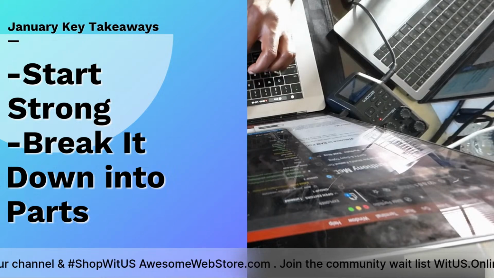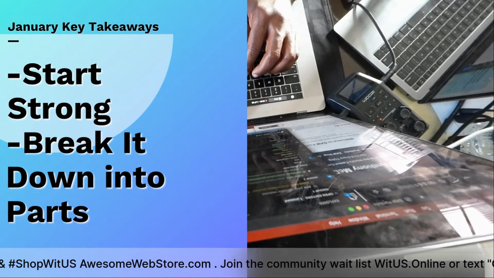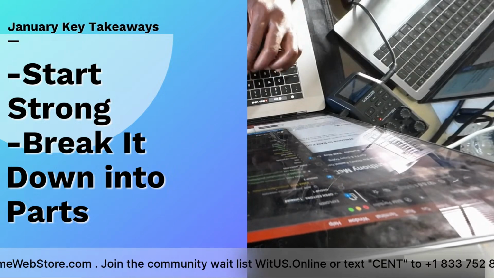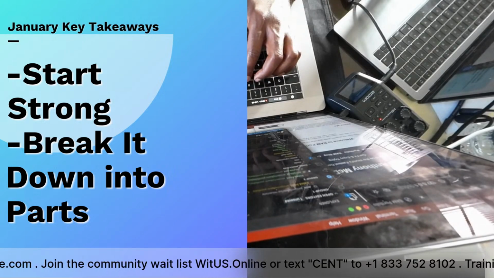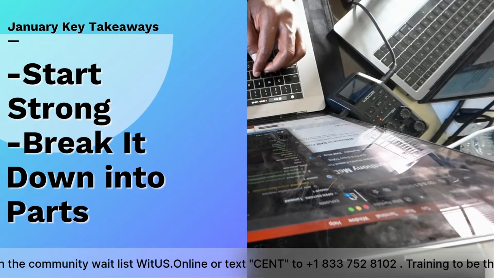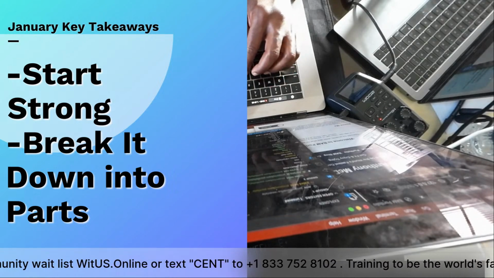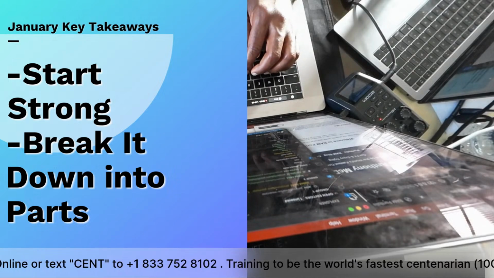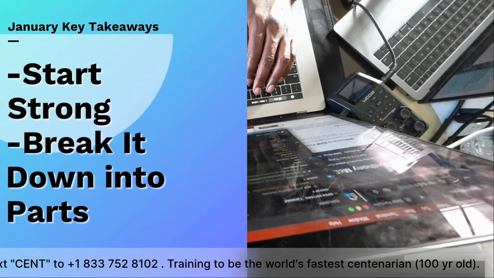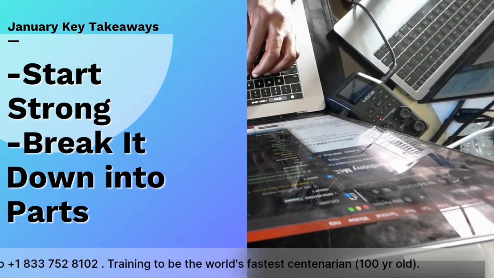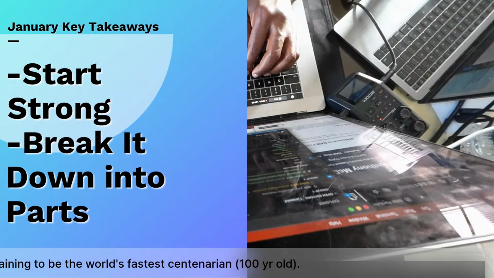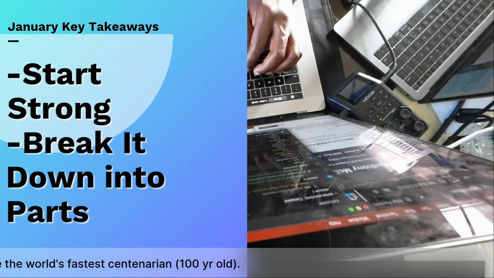And even my fitness, studying to go along with my being the world's fastest centenarian. I'm studying to be a certified fitness professional, a certified personal trainer using the NASM curriculum. That's what I used to build 50 Cent. 50 Cent is a RAG, retrieval augmented generator, and it answers fitness and nutrition questions.